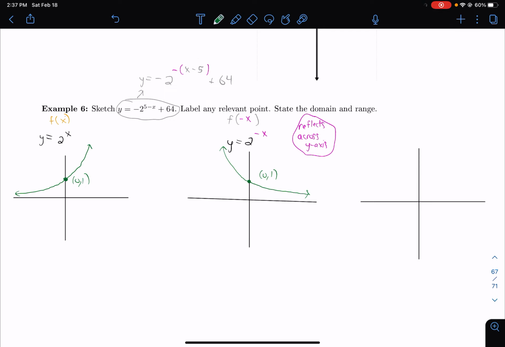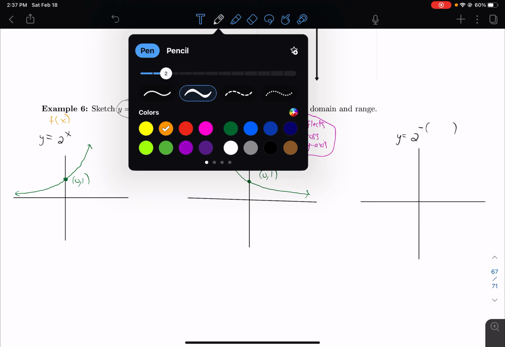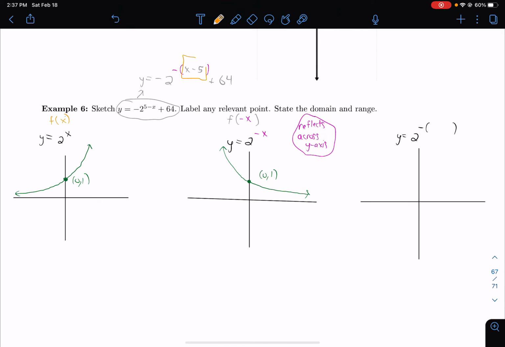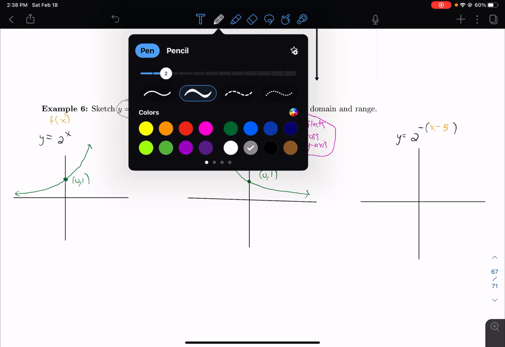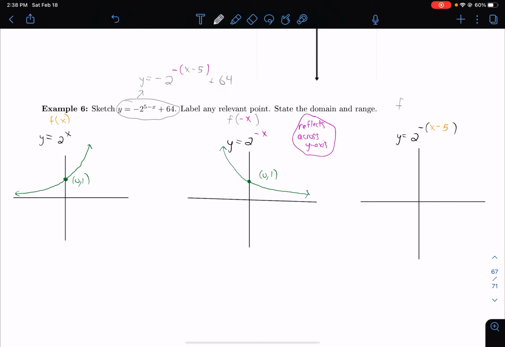Okay, so to deal with that, I am going to take my previous formula, that y equals 2 to the negative x, and the x is going to get replaced. It is going to get replaced with the thing that I see inside of these parentheses. I'm going to replace it with x minus 5. So we are taking our general formula from before, which was our f of negative x, but now I'm replacing that x with an x minus 5.